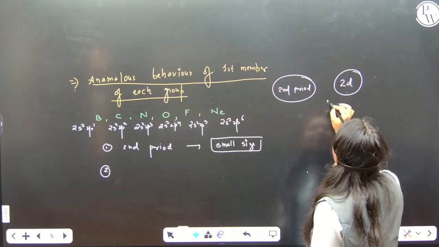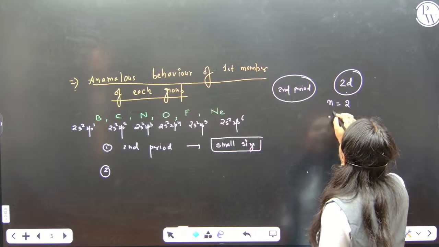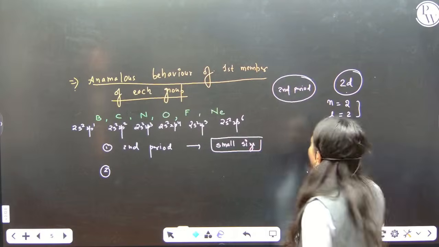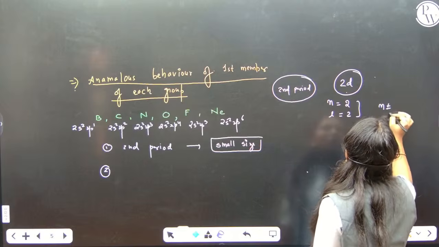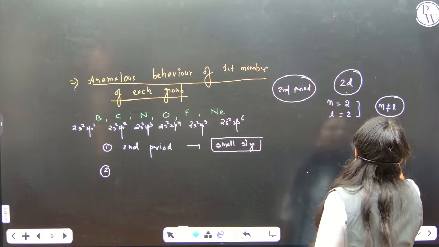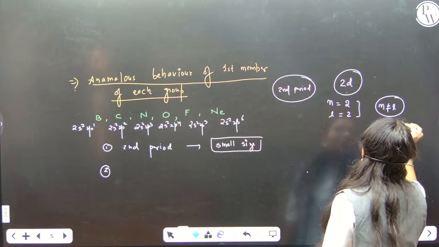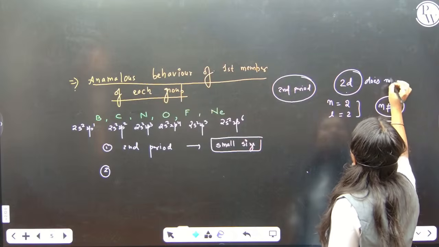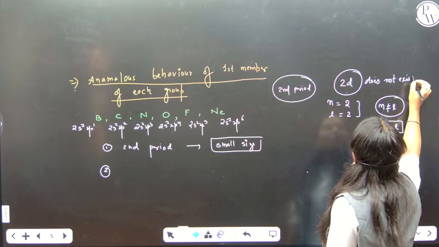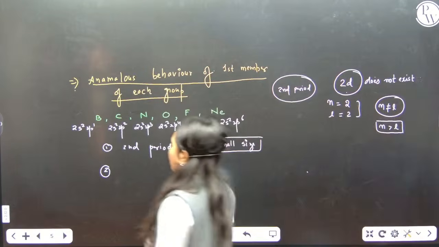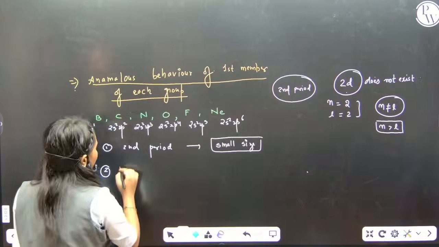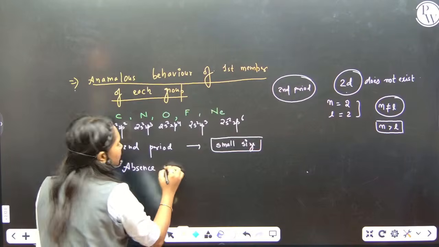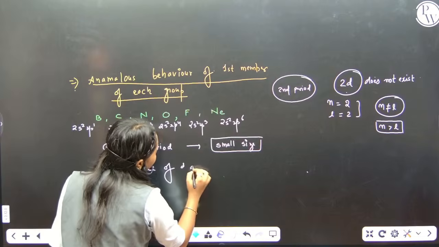For 2d, n is equal to 2 and l is also equal to 2, which is not correct. n cannot be equal to l; n should always be more than l. So 2d does not exist. So none of them have d orbitals. The second reason is the absence of d orbitals.